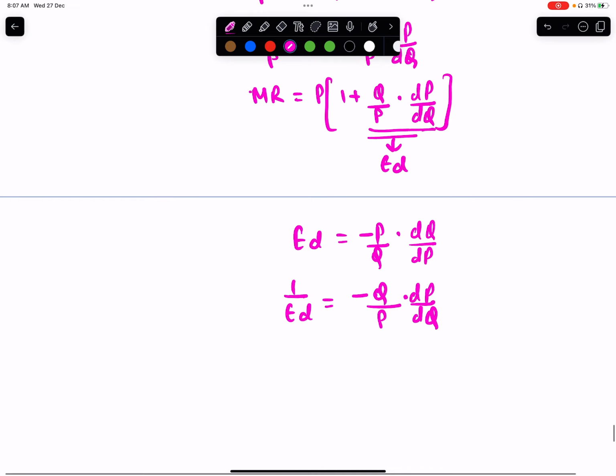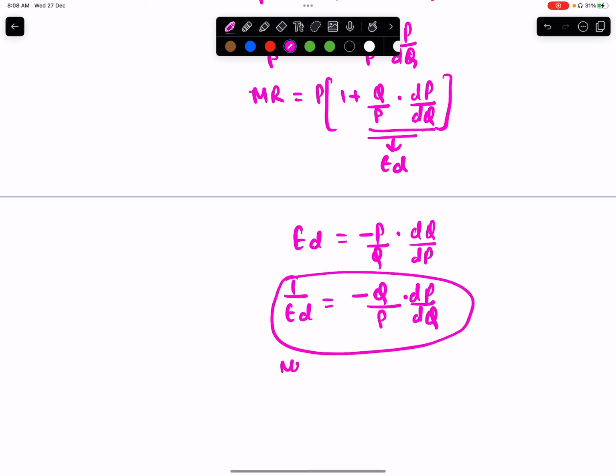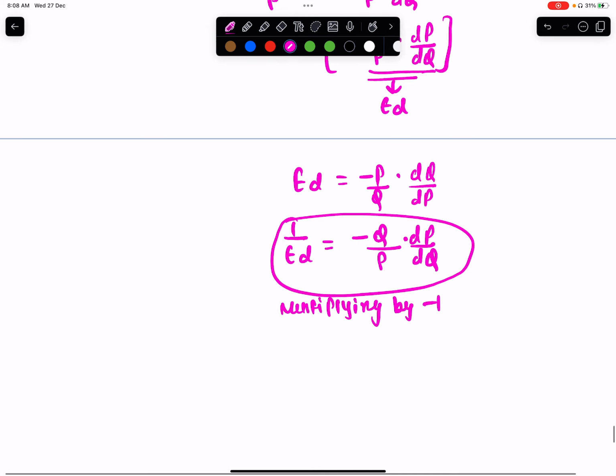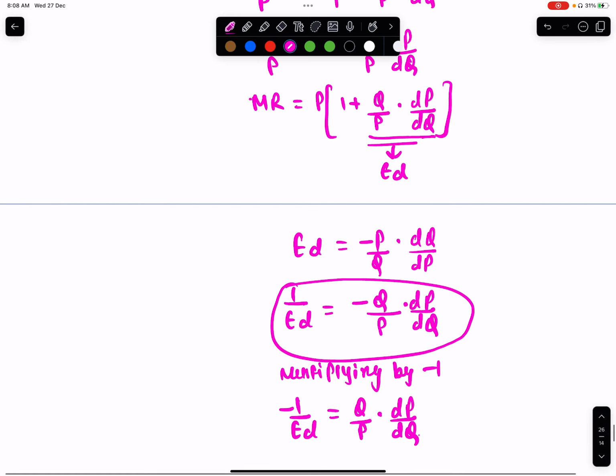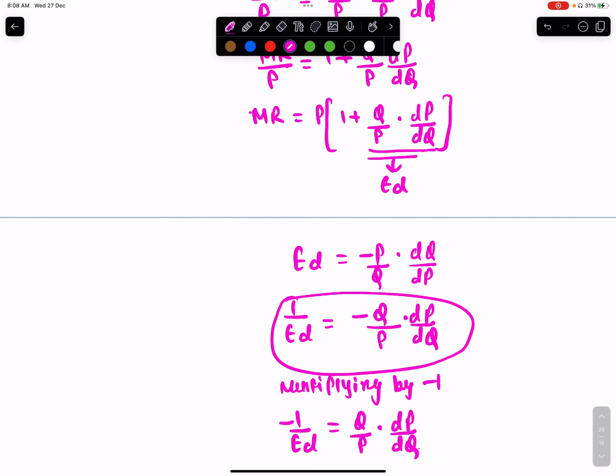What we will do, if we multiply this 1 by ed by minus 1, what we will get: minus 1 by ed, minus and minus is positive, q by p into dp by dq. This is minus 1 by ed.